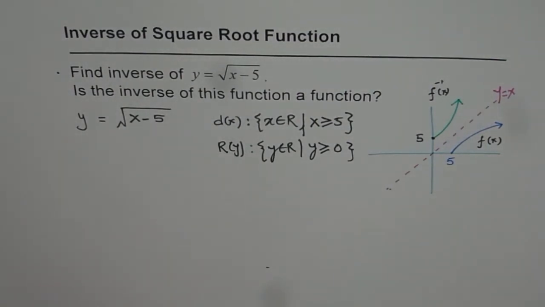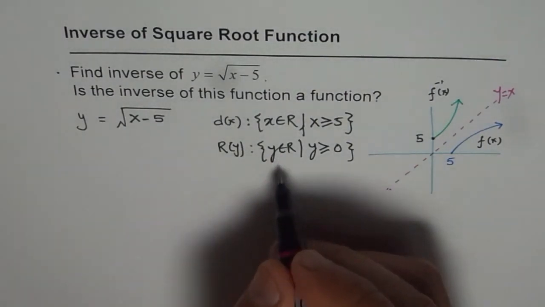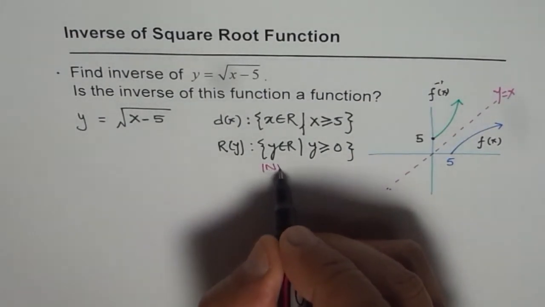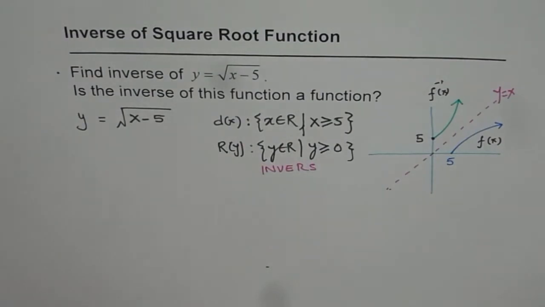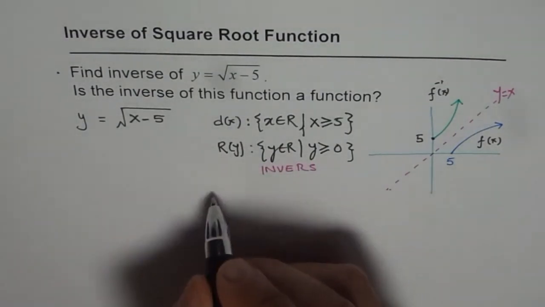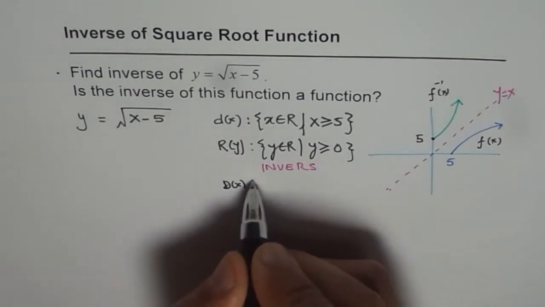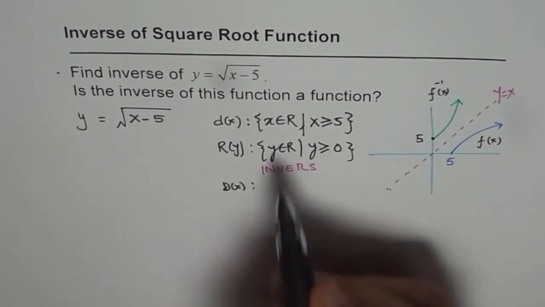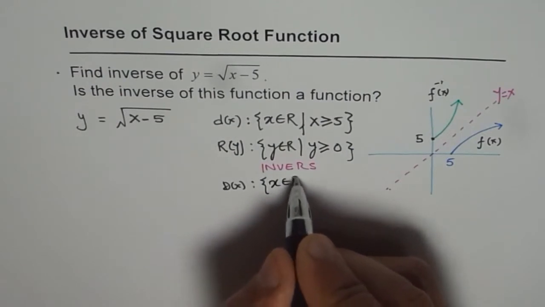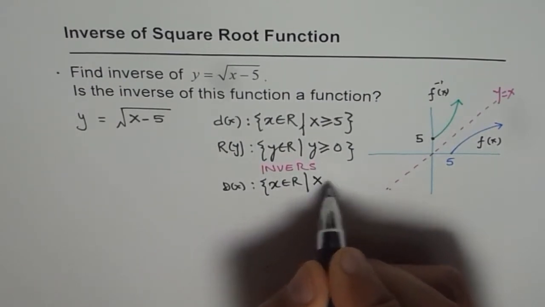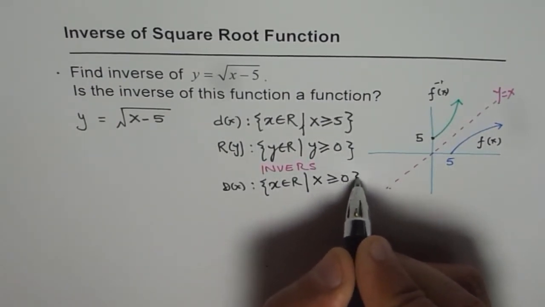Now for the inverse, domain and range switch. So for the inverse, what is going to be the domain and range? That is what we should write down. For the inverse, the domain will become the range of the function. They switch. So it becomes x belongs to real numbers where x is greater than or equal to 0.